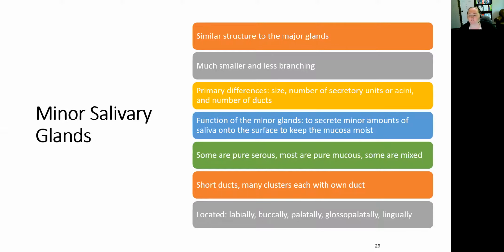Okay. Some are pure serous, but most are going to be mucus. And then some are mixed, but that's the least amount. They have very short ducts. They may cluster, many clusters, each with its own duct. And they are located on the labial mucosa, the buccal mucosa, the palate, the palatoglossal area, and lingually.